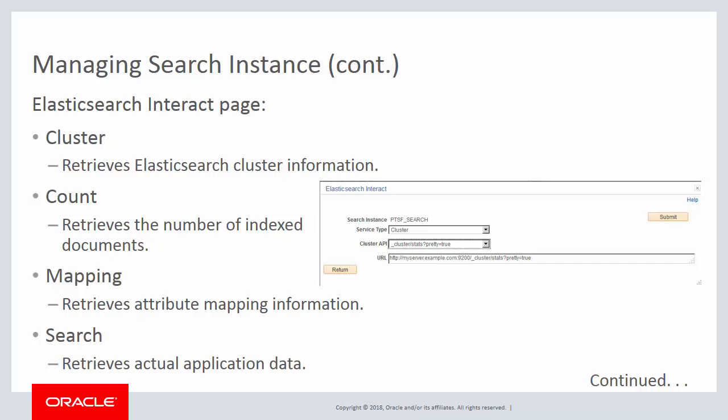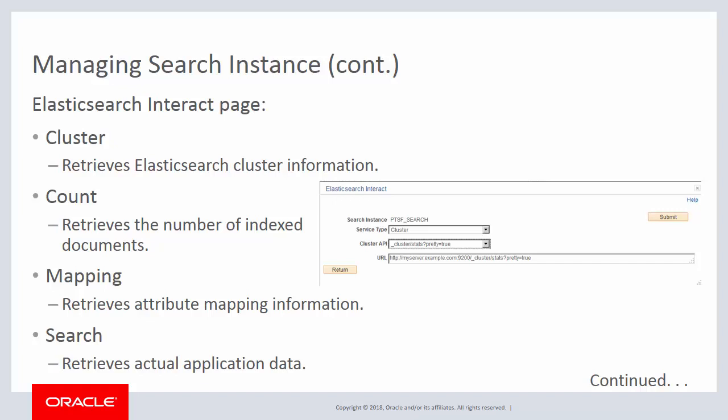The Elasticsearch Interact page is accessible from the Search Instance Properties page, and it provides administration requests only for those cluster and index validations that are exposed by PeopleSoft. Cluster. This option enables you to retrieve information related to the Elasticsearch cluster, such as health of cluster, indices, nodes, etc. Count.